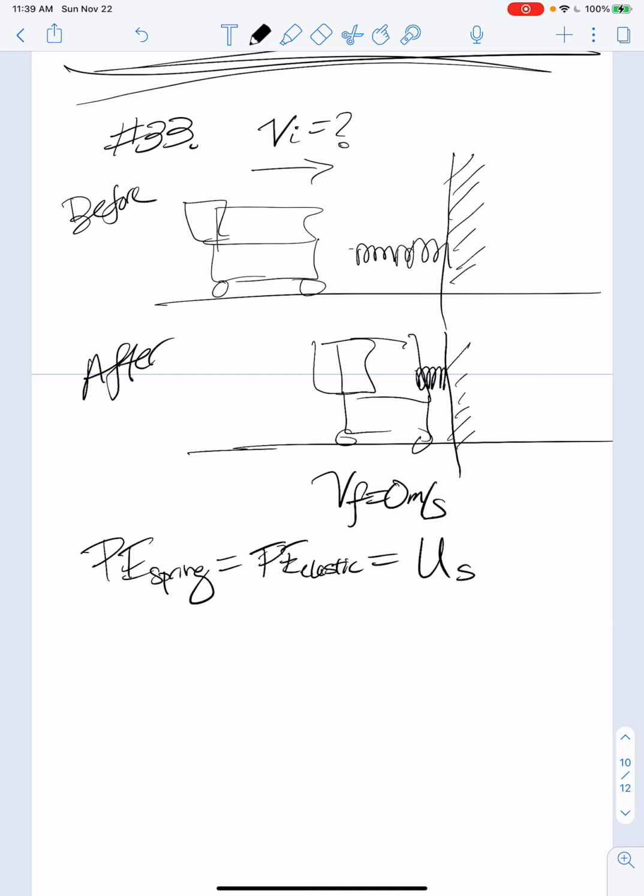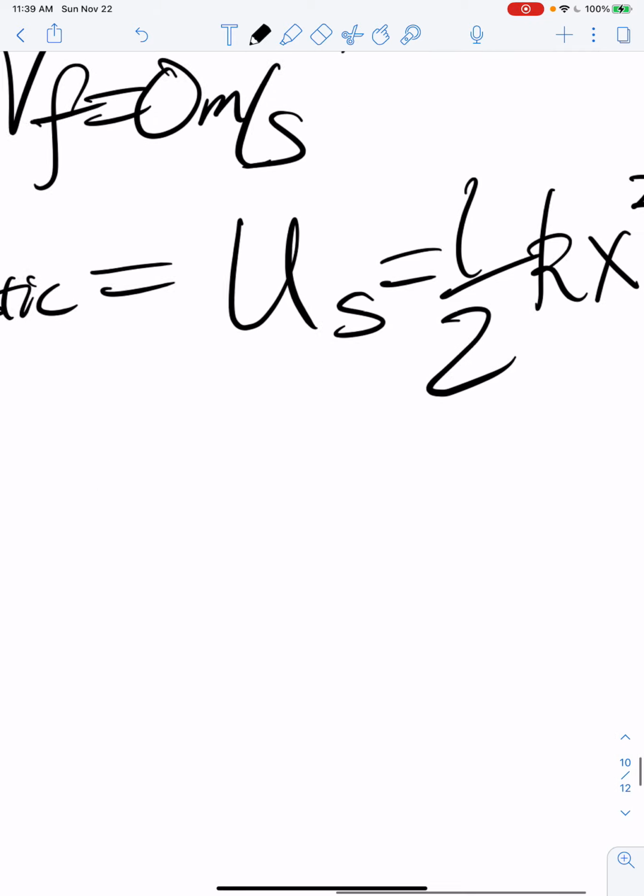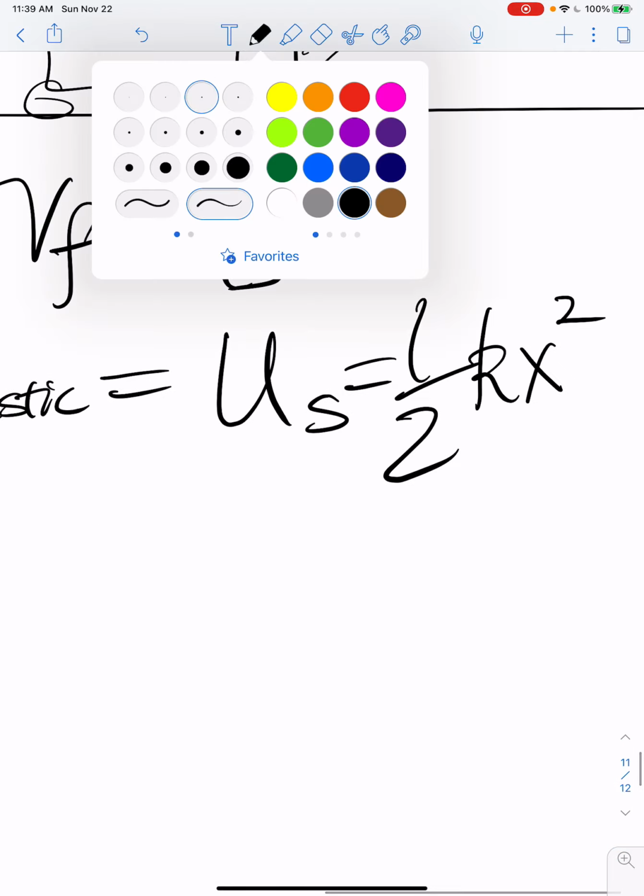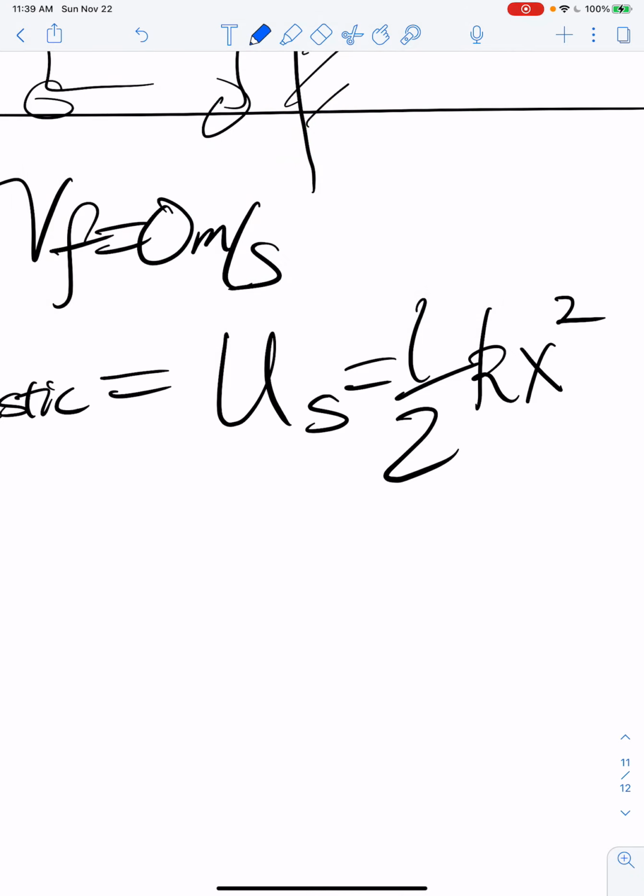I think U is potential energy, the capital U. That this is all going to equal 1/2 kx squared, where once again, you should probably look at this real quick. This is the potential energy of a spring.